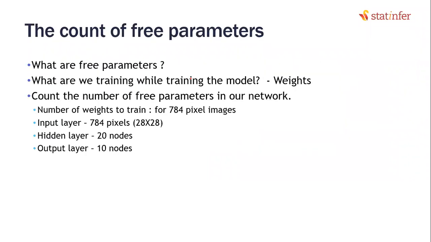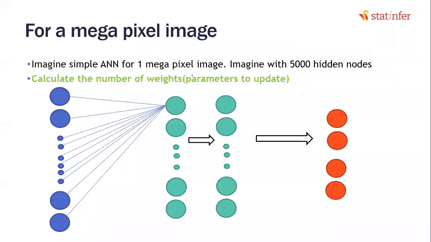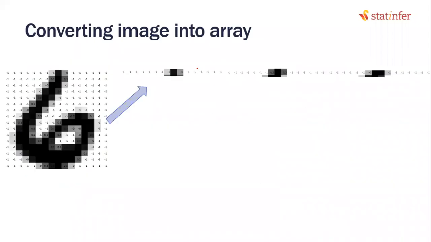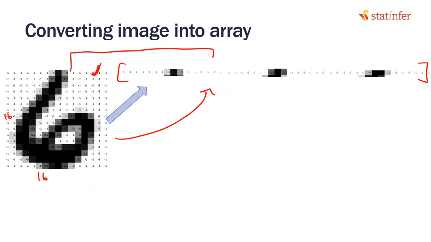What is that issue? In ANN, we take the image and make it single dimensional. Let us suppose this is an image of 16 by 16. This is how the original image looks. But in ANN, we take this image and make it 1 by 256.